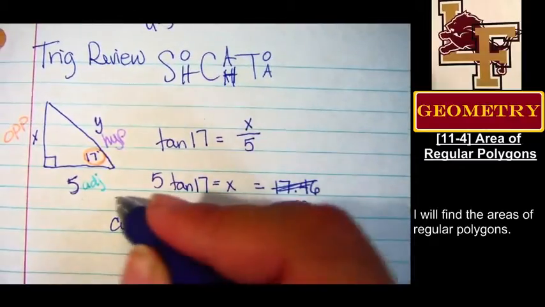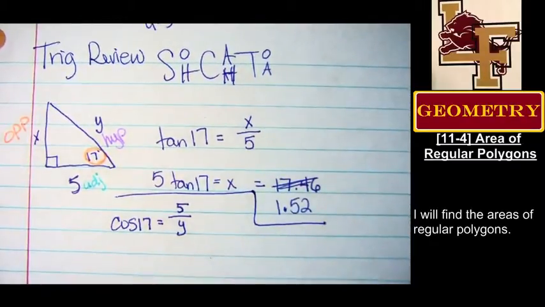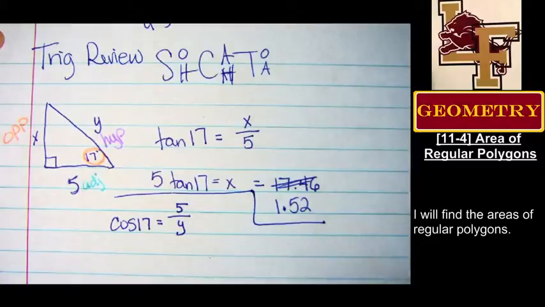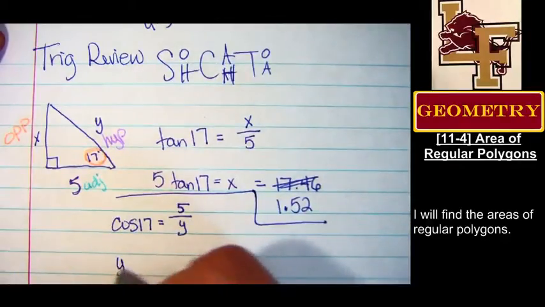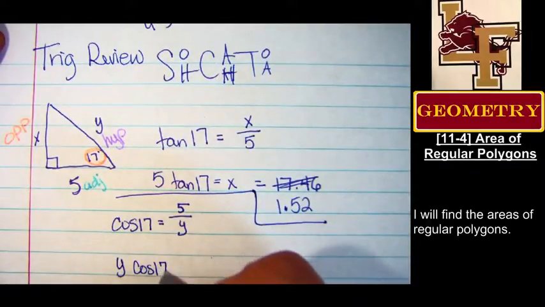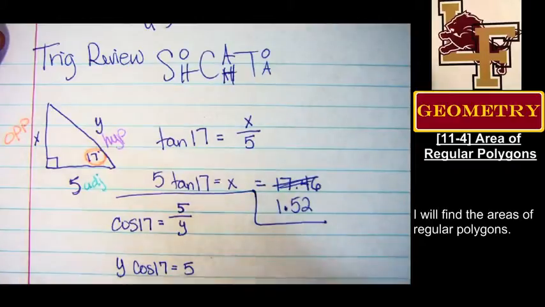Now I want to solve this equation for its variable. I have to get it out from the bottom of the fraction first. How do I get rid of it from the bottom of the fraction? Multiply by that variable. So when I multiply by that variable, I have y times the cosine of 17 equals 5.